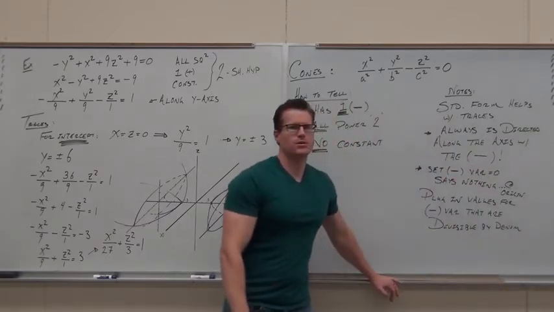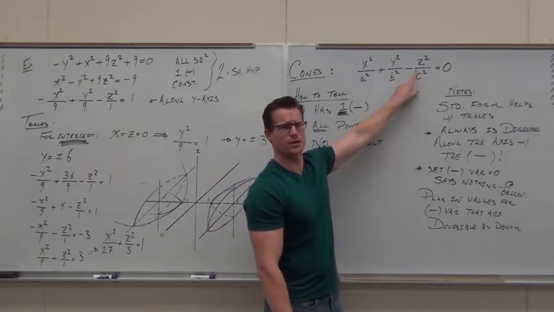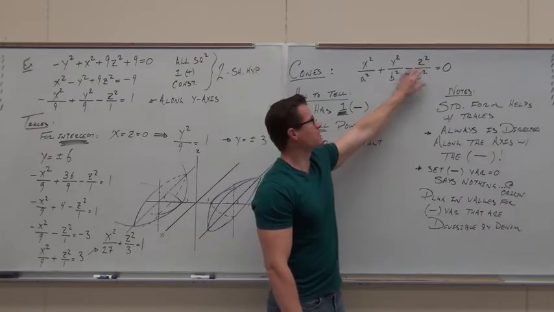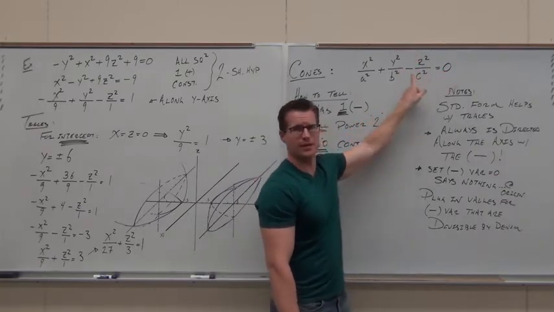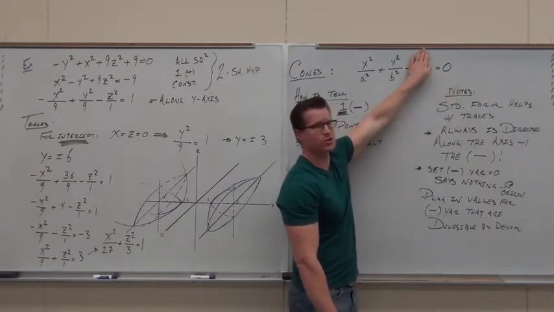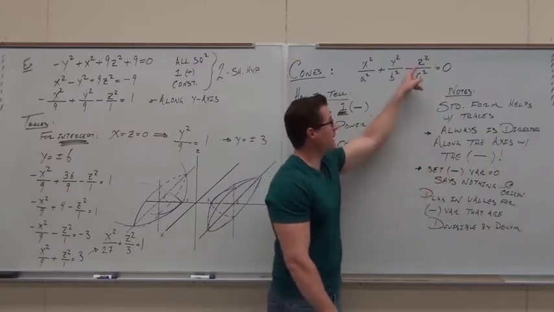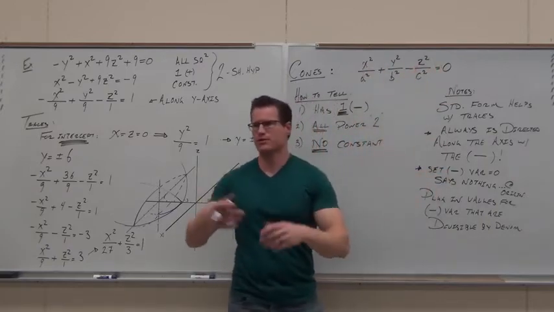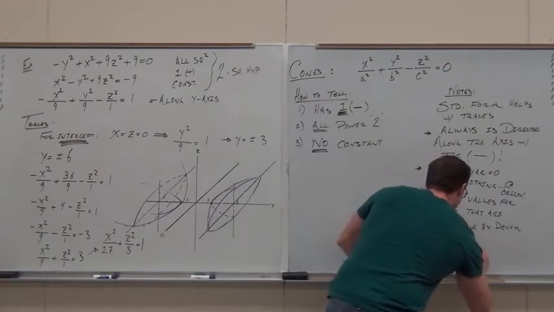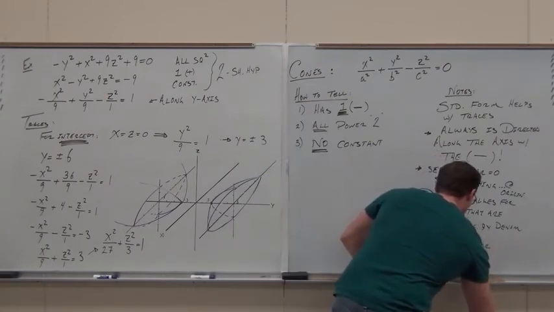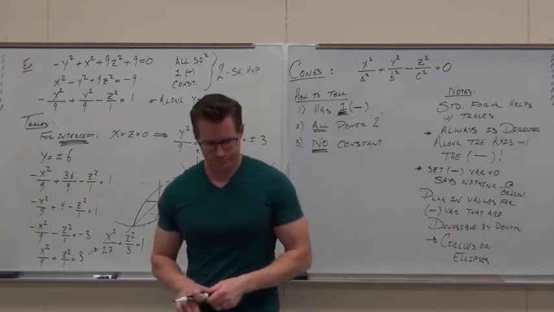What this is going to give you, if I plug in some numbers to the negative variable, please look for a second, is a minus number, which I will add to the other side. Then I have a constant over there, and that gives me circles or ellipses. Do you see it? So plug in some numbers to that variable, add it to the other side, and then we're going to have circles or ellipses. That's why we get a cone. That's why.